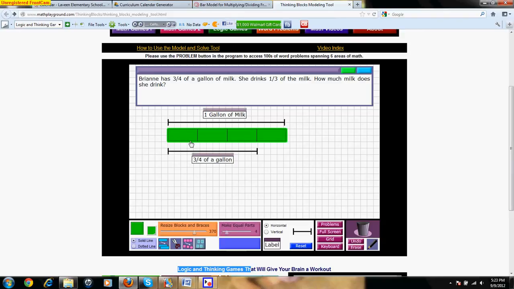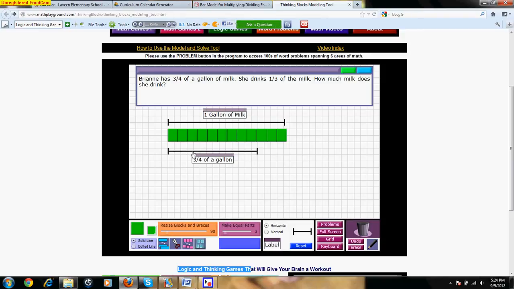So we'll take each box and break it into thirds. And we'll do it with all of them just so that it is easy for us to read. Even this little guy over there. We still have the whole amount, and we can still see that this section right here is equal to 3/4.